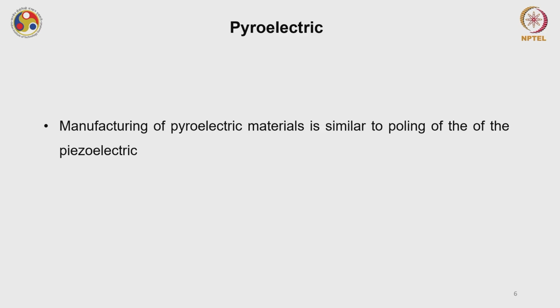However, similar to the poling that we have done in piezoelectric material, if you remember, I discussed that you have a naturally existing piezoelectric material like quartz. At the same time, you have synthetically manufactured piezoelectric materials like barium titanate and PVDF.